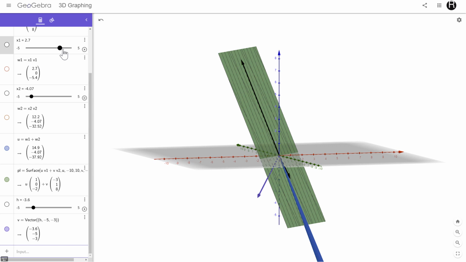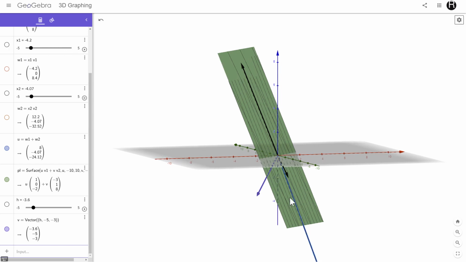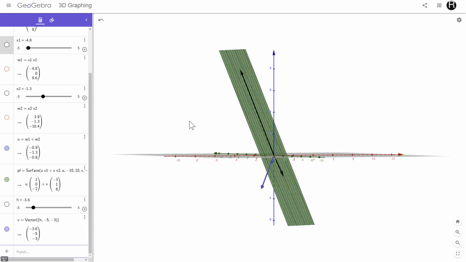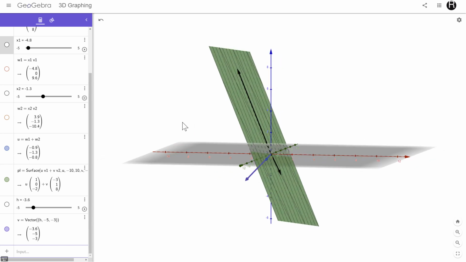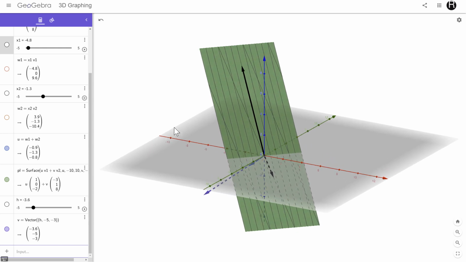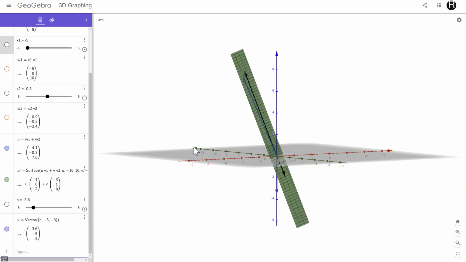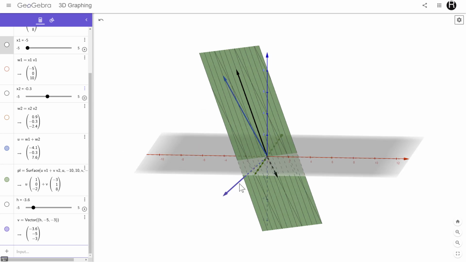And we can adjust this somehow to make it match that purple vector. Okay, this is all happening on the plane, by the way, if you didn't notice. And so here, it looks like we need to extend it more. Well, maybe the values would go beyond negative 5 and 5. So maybe you can find the weights so that the blue vector is going to be on the purple vector.